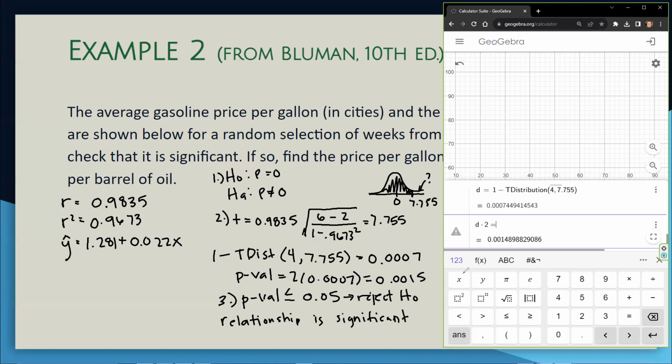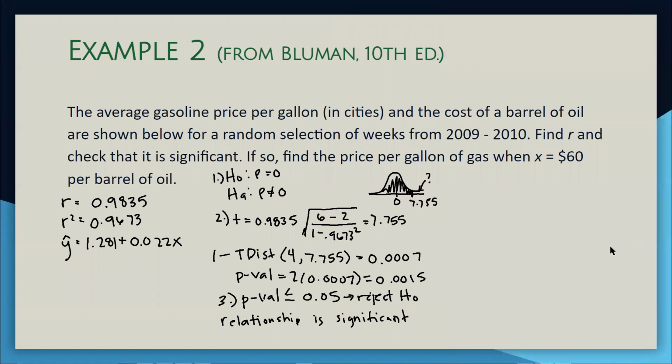What that tells us is we can use that linear regression correlation to make predictions about the population. So in this case, we're told that barrels of oil cost $60 a barrel. And they want us to find how much gas costs when oil costs $60 per barrel.